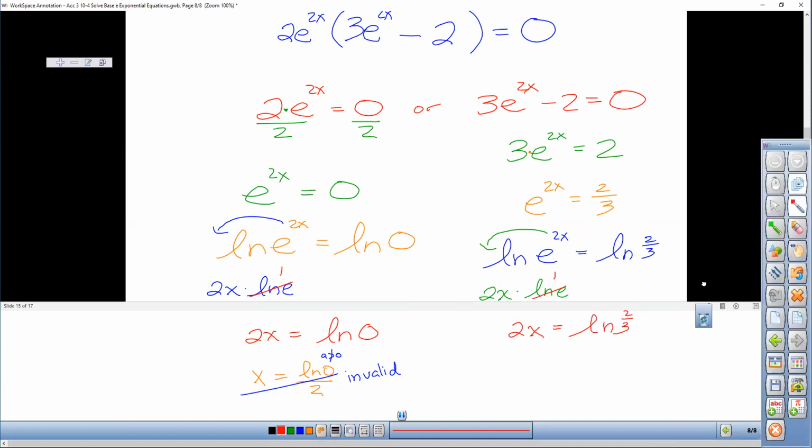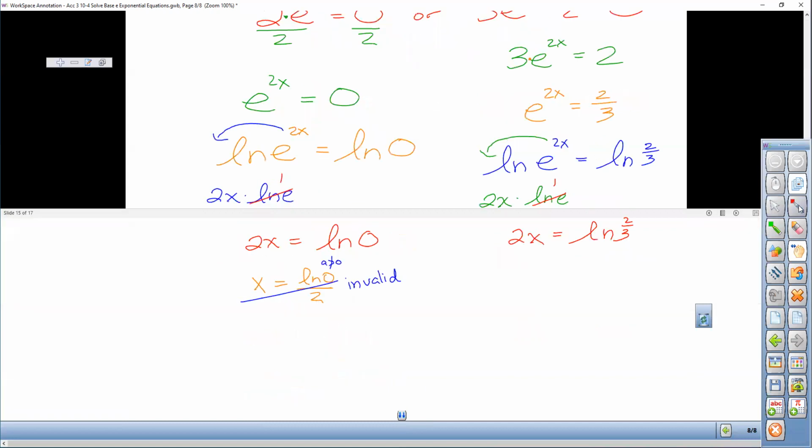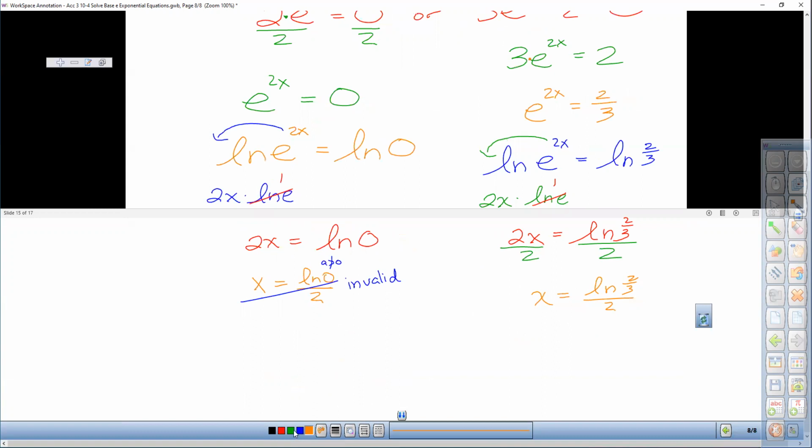So now, dividing both sides by 2, and you can do it this way, it's fine. So now we get x equals the natural logarithm of 2/3 divided by 2. Checking our argument: is our argument greater than 0? Yep, 2/3 is positive, so that's fine.